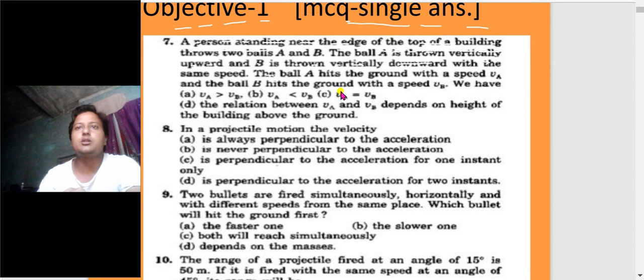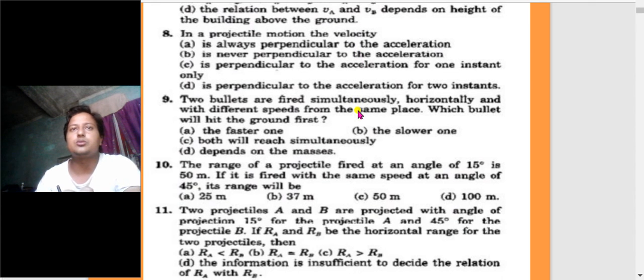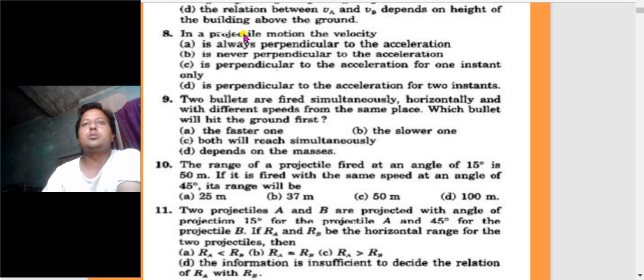Question number 7, the answer is v1 equals v2, va equals vb. Now question number 8. In a projectile motion, the velocity is always perpendicular to acceleration, never perpendicular to acceleration, perpendicular to acceleration for one instant only.